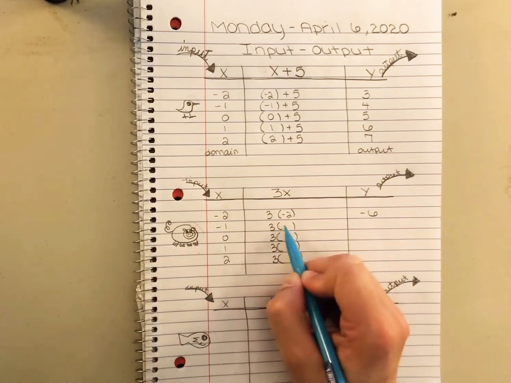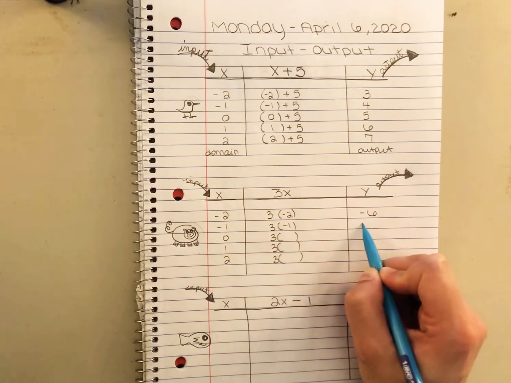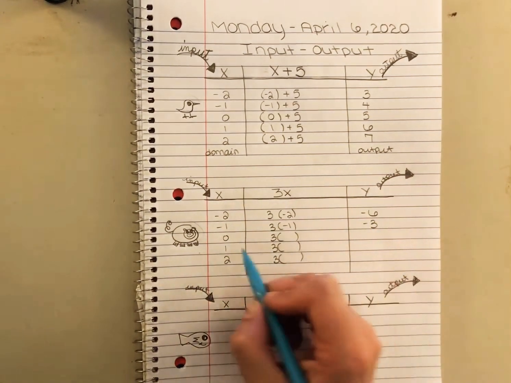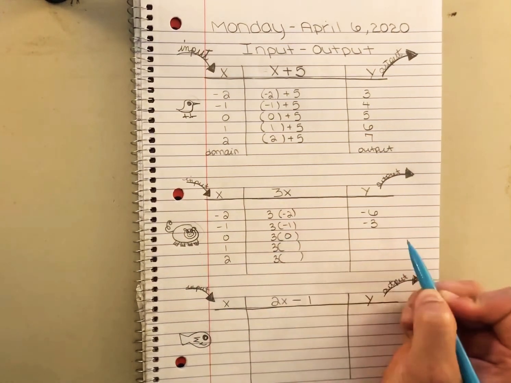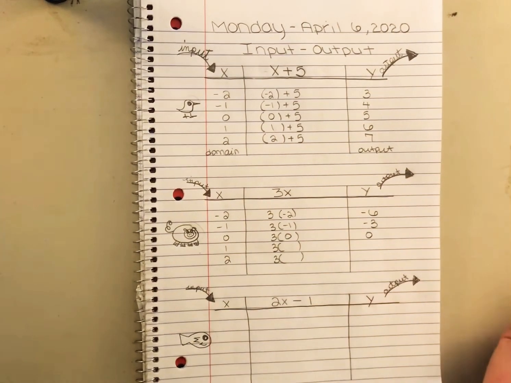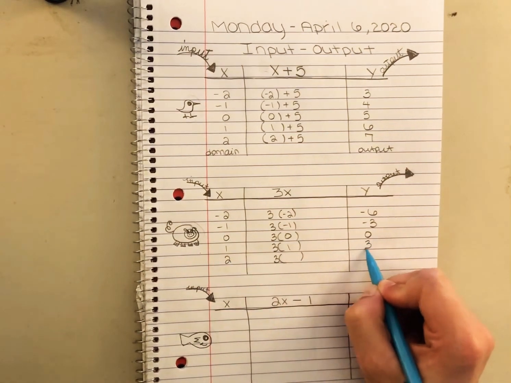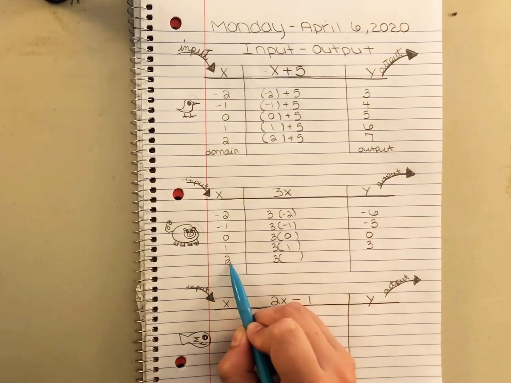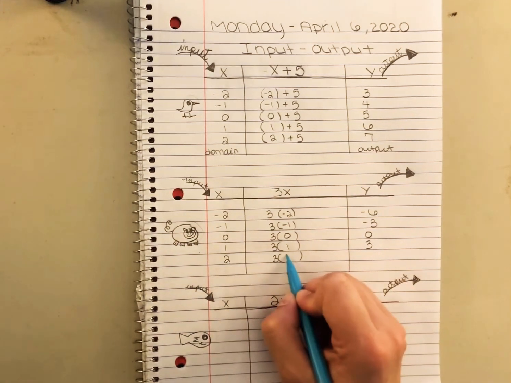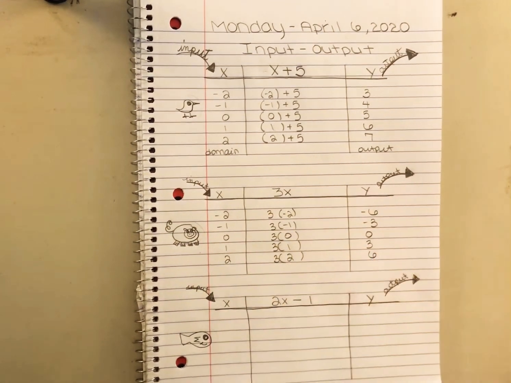When my input value is -1, my output value is -3. When my input value is 0, my output value is 0. When my input is +1, my output is 3. And when my input value is 2, my output value is +6.